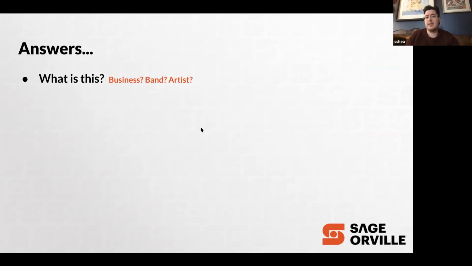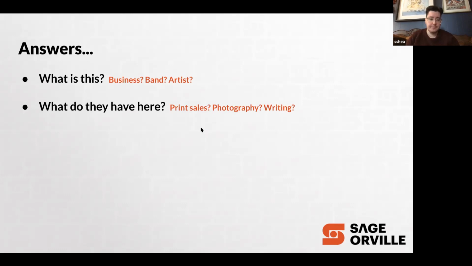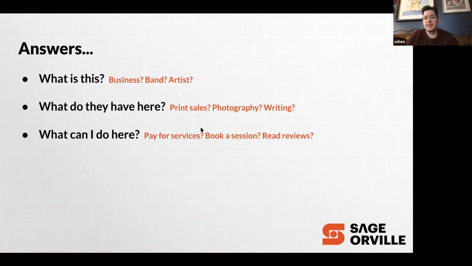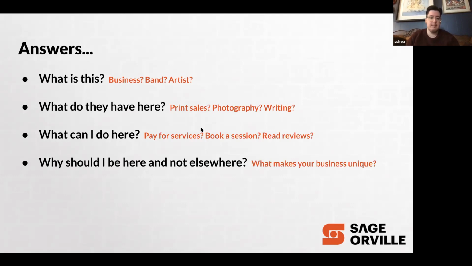What is the service that they're selling, or the actual assets and tangible goods? What do they have here? What can you acquire? What can you do? Can you pay for services? Can you book sessions? Can you read reviews? Why should you be here and not somewhere else? The phrase that I both love and hate, the special sauce of the brand or the site.